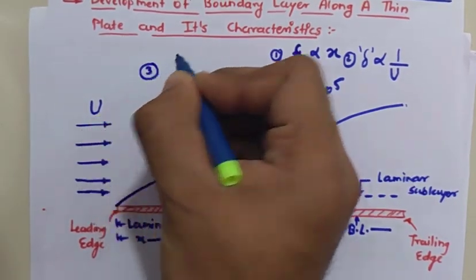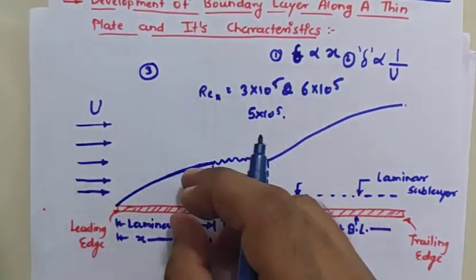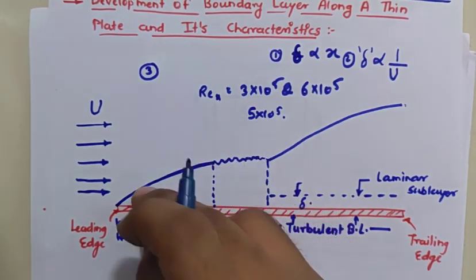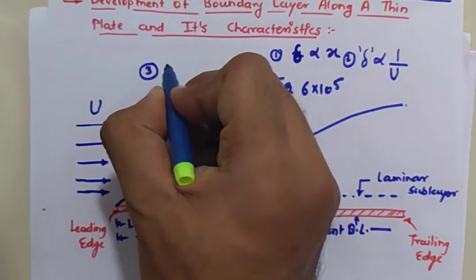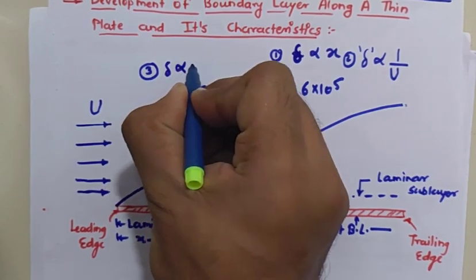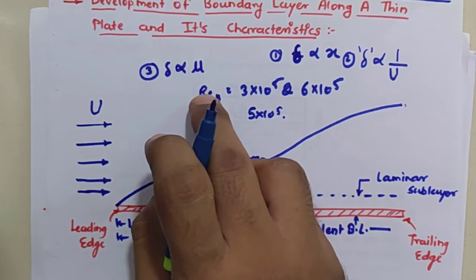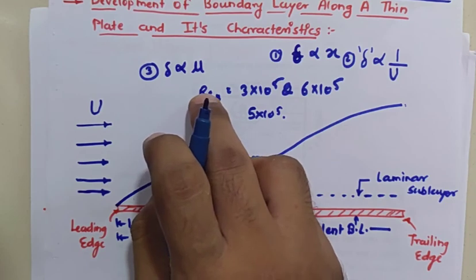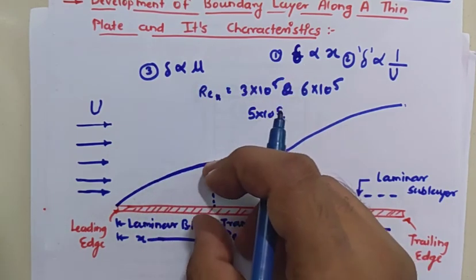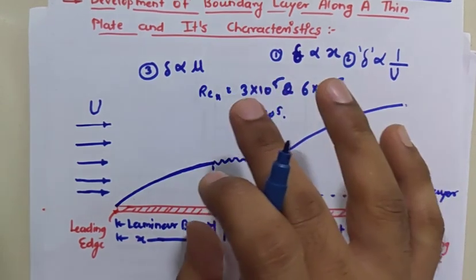Third parameter is viscosity of the fluid. Boundary layer varies directly with the viscosity of the fluid. That is, if viscosity of fluid is more, the thickness of the boundary layer is more, and vice versa.